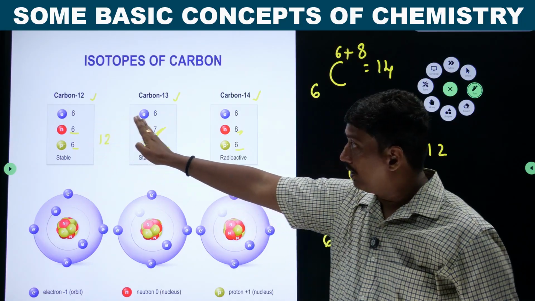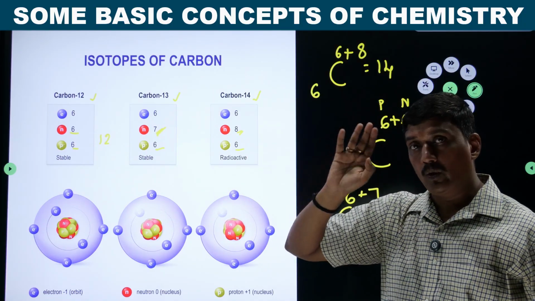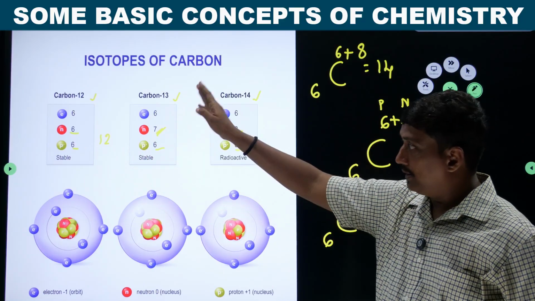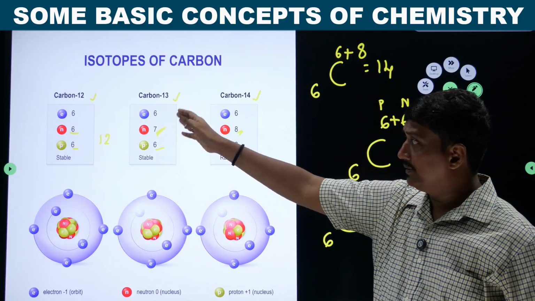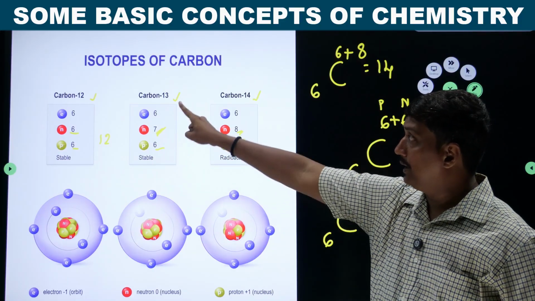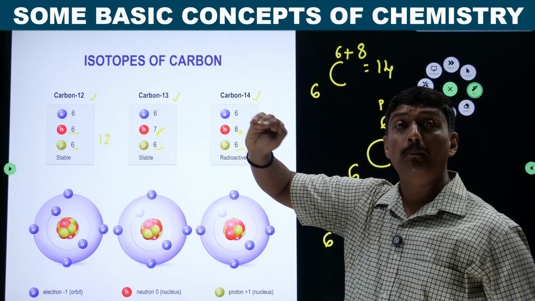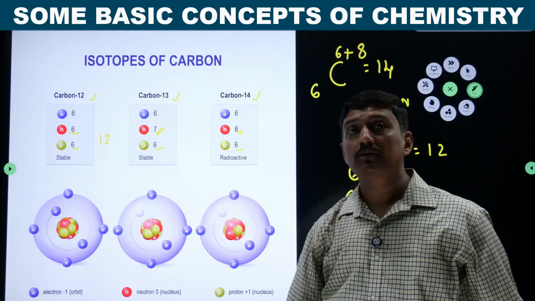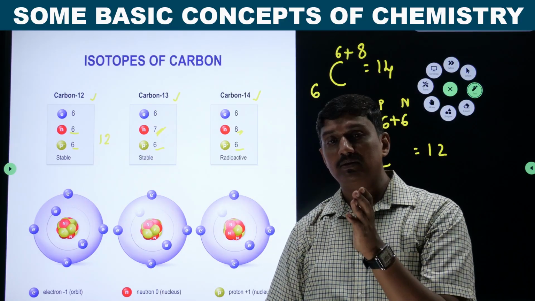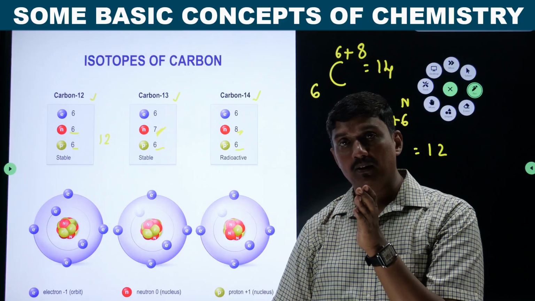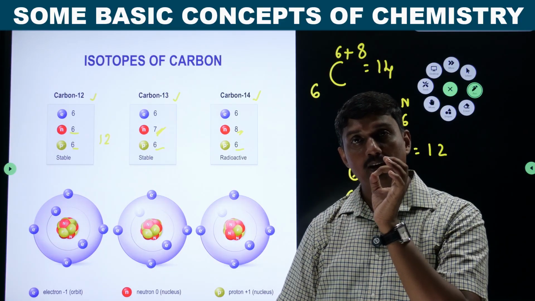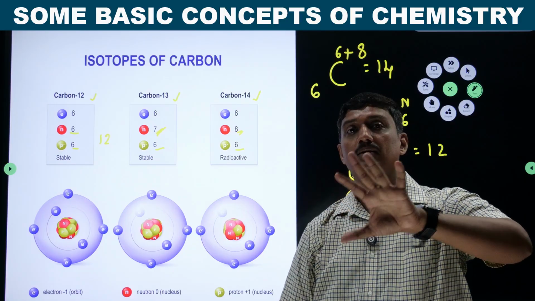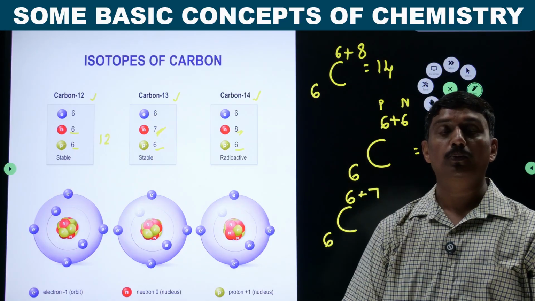All are carbon, no doubt. Why is it carbon? The number of protons remains the same, hence they are atoms of the same element, but they differ with respect to the number of neutrons. As the neutron number changes, mass changes. So species which differ in mass number but have the same number of protons, or the same atomic number, are said to be isotopes.